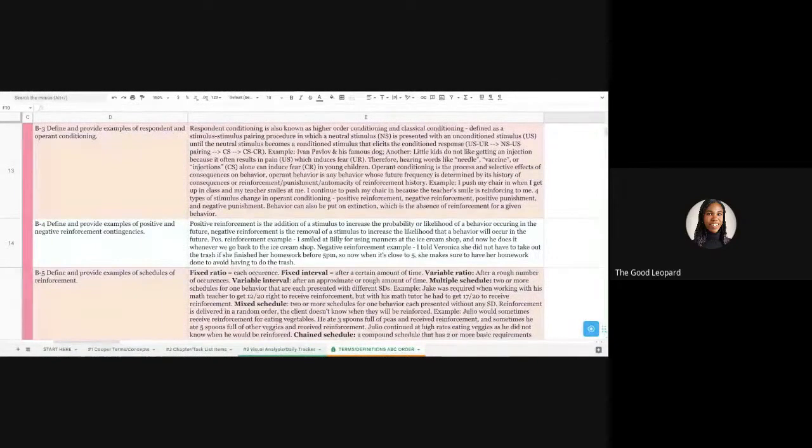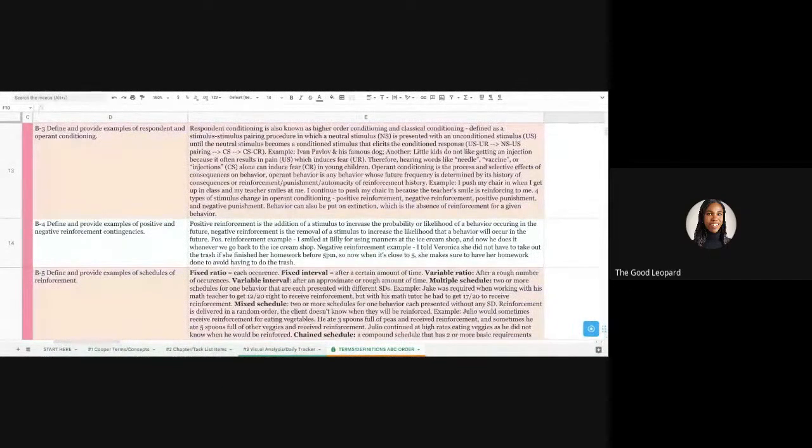It's defined as a stimulus-stimulus pairing procedure in which a neutral stimulus is presented with an unconditioned stimulus until the neutral stimulus becomes a conditioned stimulus that elicits the conditioned response. That's a lot. But I put these in parentheses, like the process of respondent conditioning all the way until the conditioned response is developed.